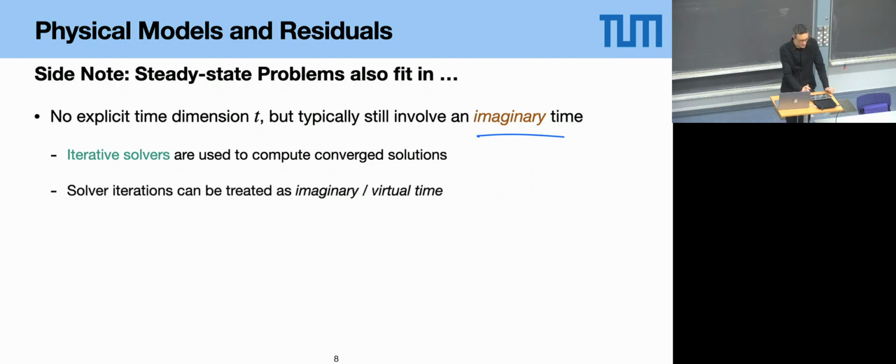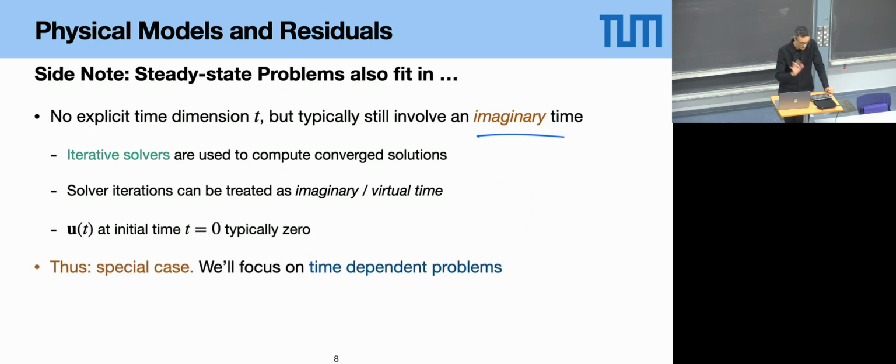And these ideas are typically quite similarly applicable to these updates of the virtual state of a steady state solver. So just as an outlook, this is not completely beyond the scope here, but for simplicity, we'll keep on looking at this time stepping question.